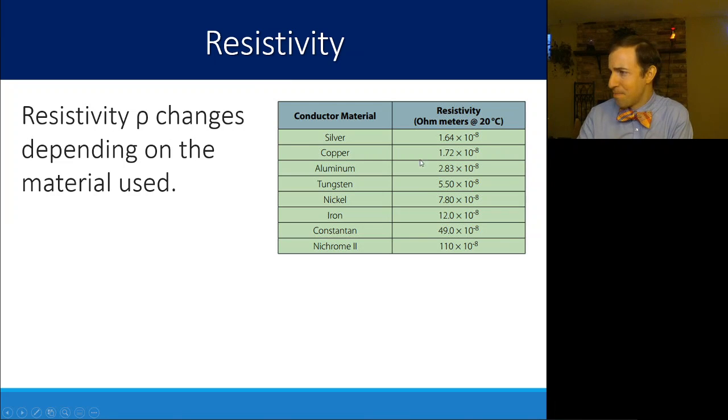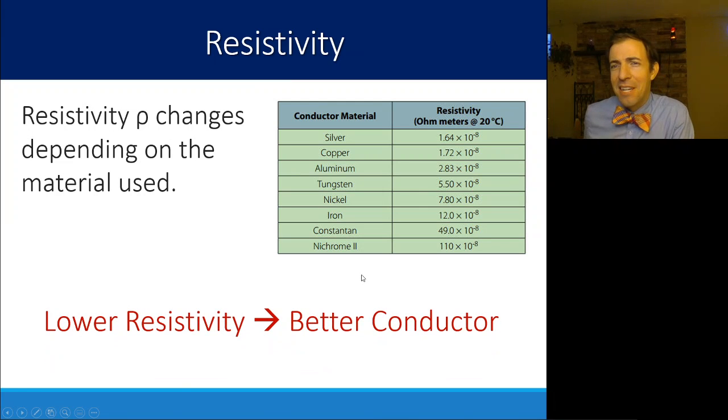So in this case, I see silver has a resistivity of 1.64 times 10 to the minus 8th, whereas iron is 12.0 times 10 to the minus 8th. The higher it is on this list, the lower your resistivity, the better conductor you have.